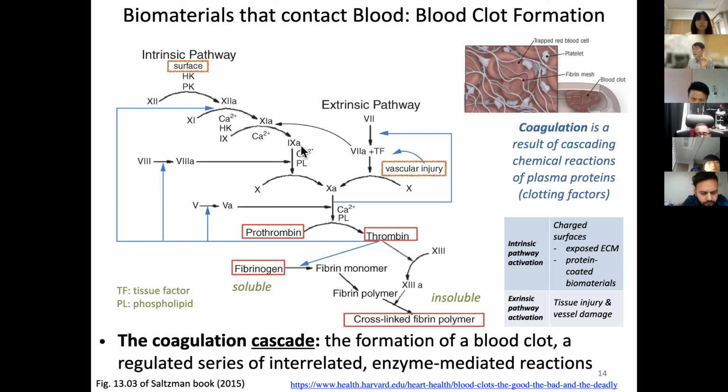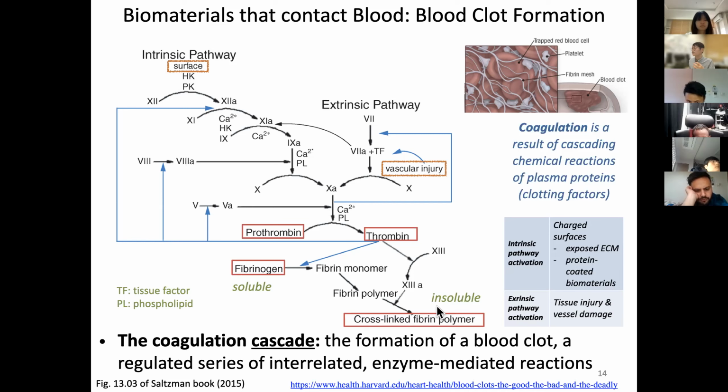So what's important here is that when it goes down, this is a cascade of reactions, and what it does is convert prothrombin, pro is the precursor, into thrombin. What thrombin does is make soluble fibrinogen into a fibrin polymer, which is cross-linked and insoluble.